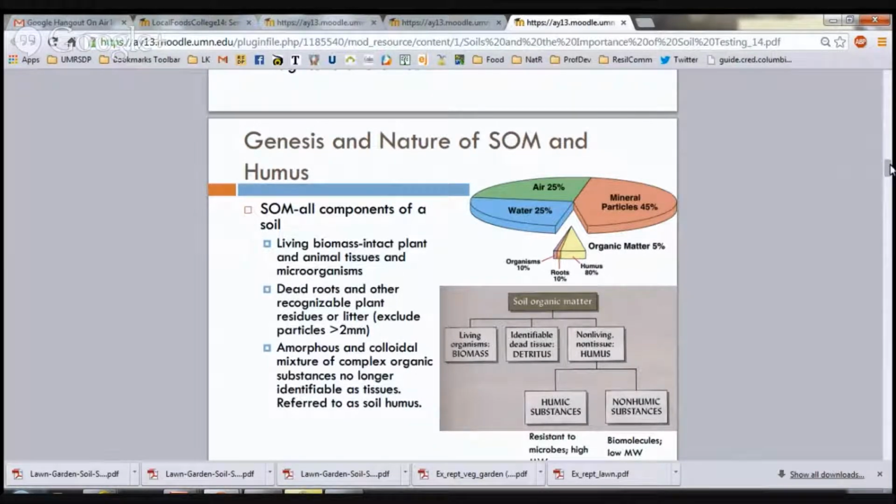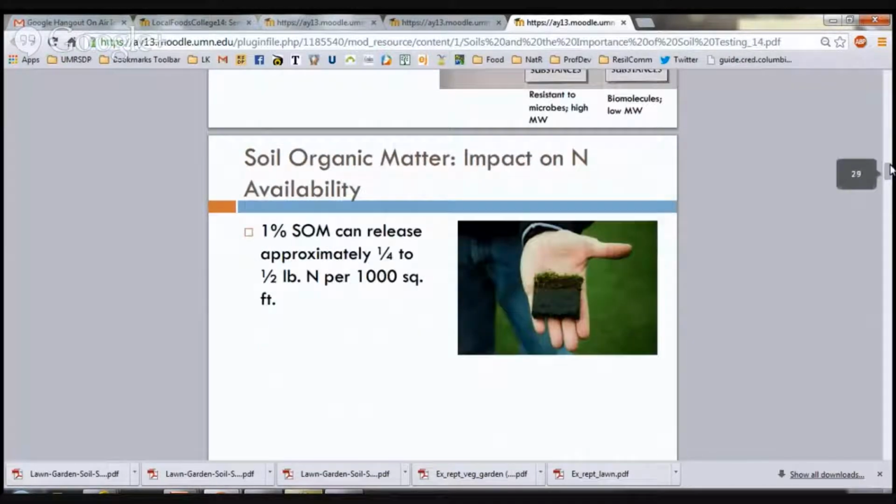What we're looking for on a soil test report is the percentage of soil organic matter that you have, and you're wanting typically around 2 to 4%. If you're low, then you would want to add some organic amendments to the soil to improve your soil organic matter.